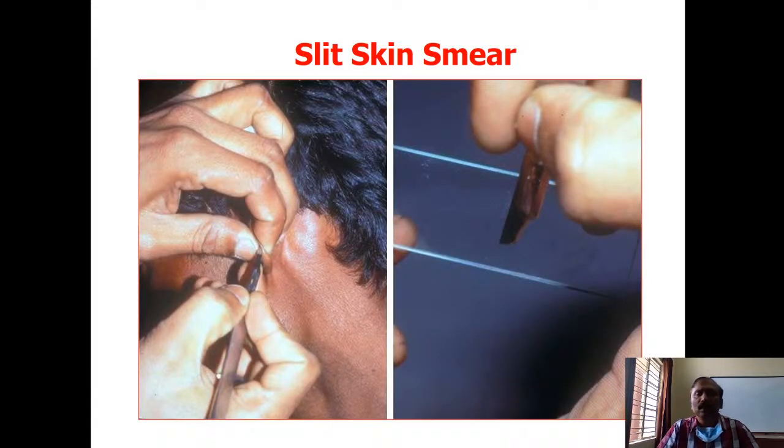So now this is how you carry out a slit skin smear. What you're doing is holding the lobe of the ear with your hand, and then slitting it, and then scraping that particular exposed portion with your knife, and then taking that sample onto a slide.